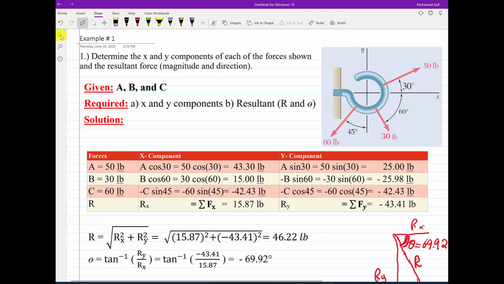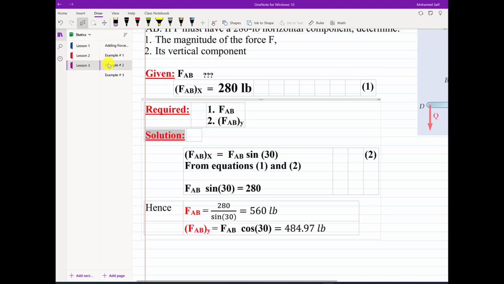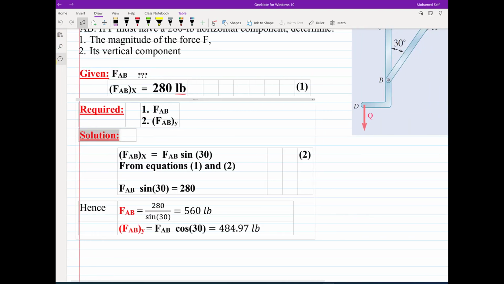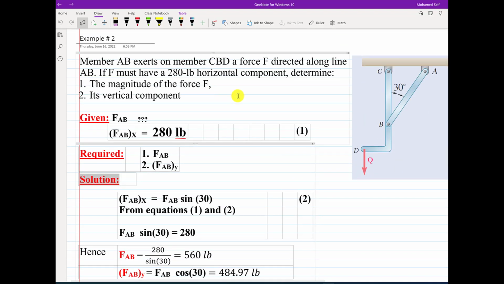Let's move to the next example. Example number 2. Now, in example number 2, what I have here is a member AB. This member AB exerts on member CBD a force F. So there is a force F here coming from this member.